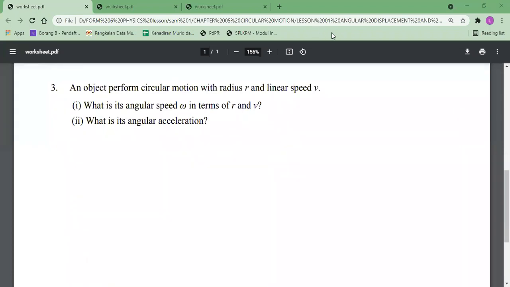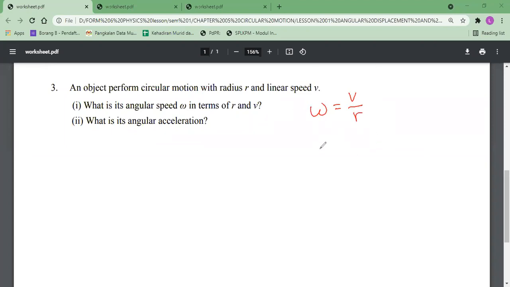Three, an object performs circular motion with radius r and linear speed of v. What is the angular speed in terms of r and v? So this means omega equals v over r, or v equals r omega.